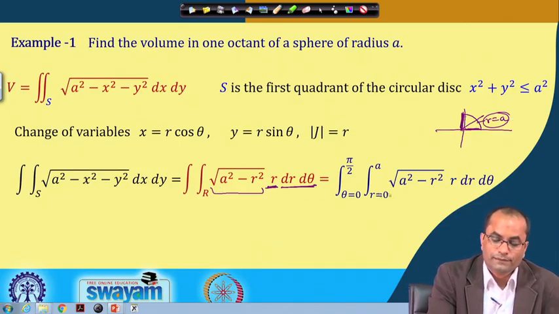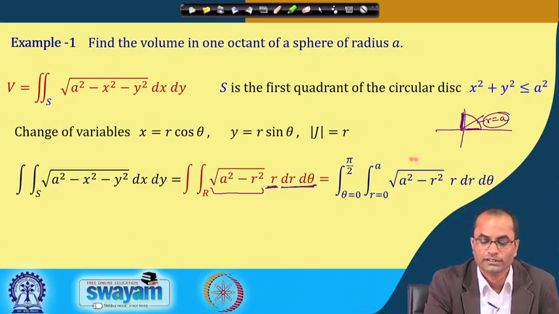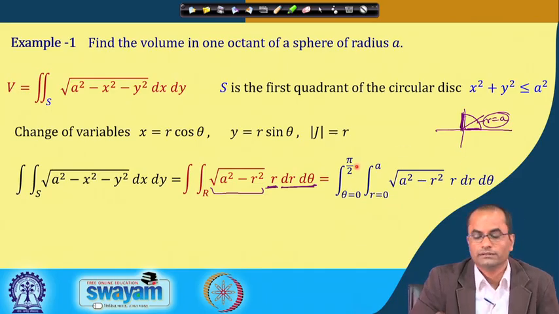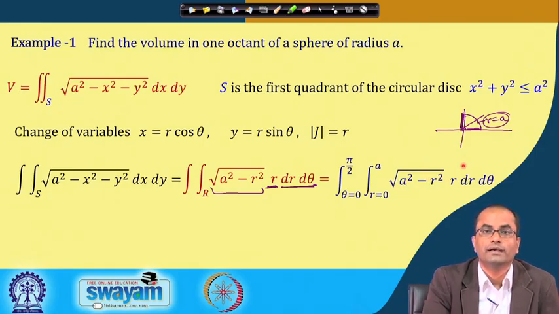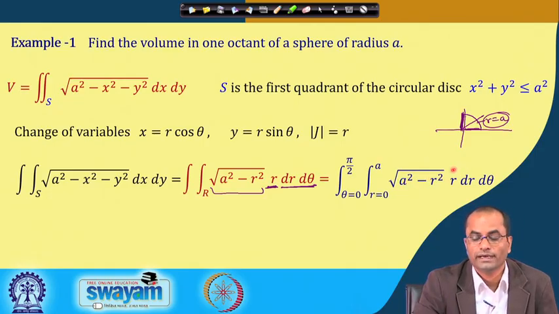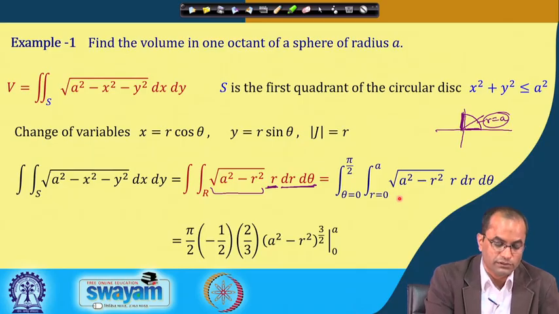So, now we can easily integrate with respect to r. There is no theta here. So, the inner one is just a single integral with respect to r, and that will give us a square minus r square to the power 3 by 2 and then divided by 3 by 2. So, we can multiply by this 2 by 3 from the denominator.